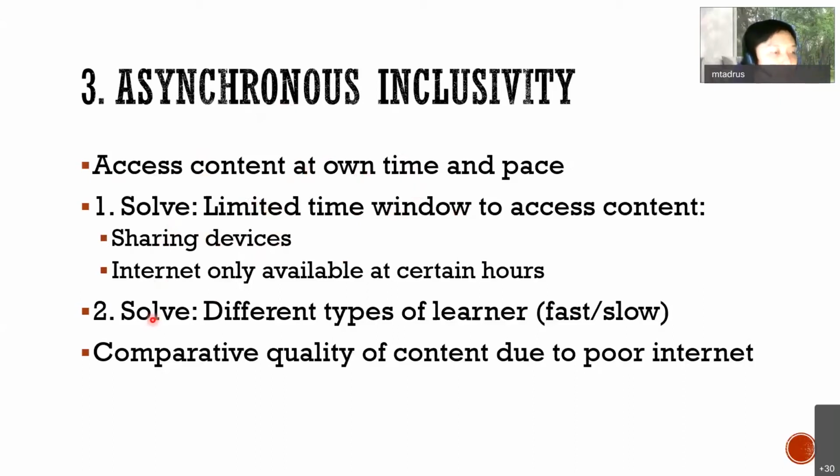A second problem that it solves is different types of learners. Some students are faster than others, so asynchronous content can accommodate different types of learners. Also, if we have students with poor internet quality, due to coverage where they live, it affects the synchronous class more.